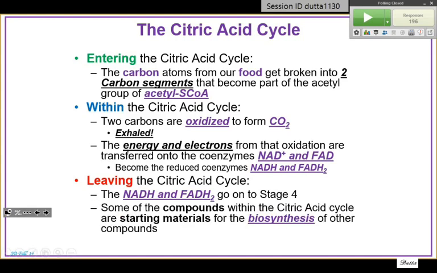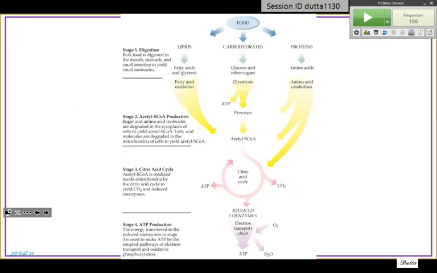That is stage 4, where the biosynthesis of ATP takes place. So, digestion, acetyl-CoA formation, citric acid cycle, and then ATP production in the electron transport chain.